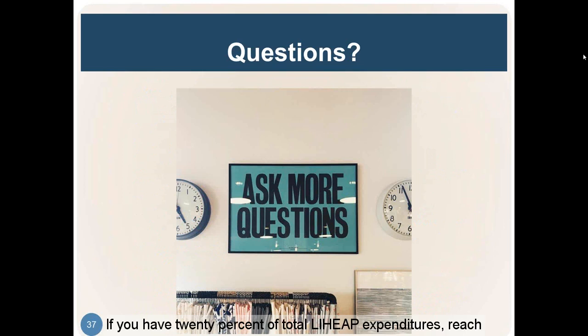If you have 20% of the total LIHEAP expenditures, reach out to your representative, and we will figure out exactly which one prevails. But I suspect the statute does, and that would mean that even though they're allowed to charge it, it would not be permitted in terms of going over the limit. But the limit's based on the state, the total amount in the state.